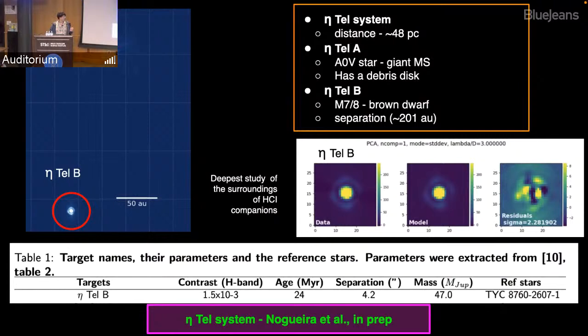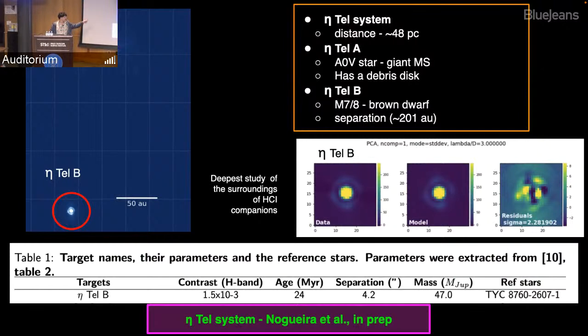And we started our work now focusing on the Eta Tel system for several reasons. One of them is that it is a very young system, 24 million years, to the point that the primary source, the brightest star, still has a debris disk.